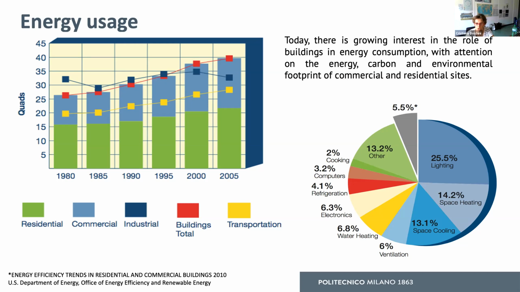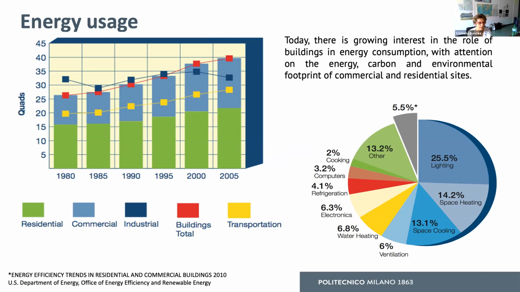And we have ventilation, water heating, electronics, refrigeration, computers, and cooking when we are thinking about residential buildings, and other kinds of usage that are not differentiated. Anyway, most of the energy is spent to guarantee the quality of the inside environment for those who live in these spaces, which means heating, cooling and lighting.